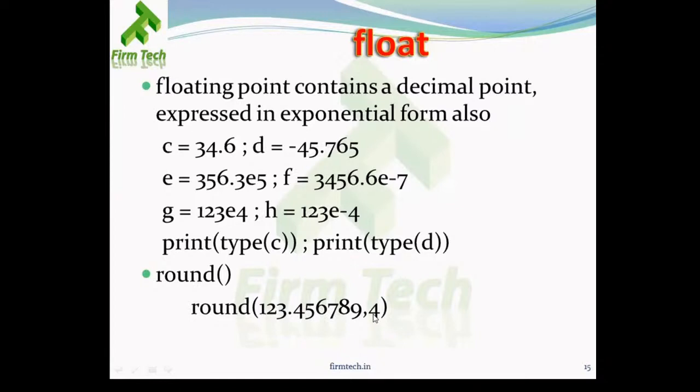That is, round it off to 4 decimal places. So we can write round off h, 3. This h 123 e power minus 4 will be truncated to 123 point something, that is, we may get 3 decimal places alone. So we can now go to the programming part.